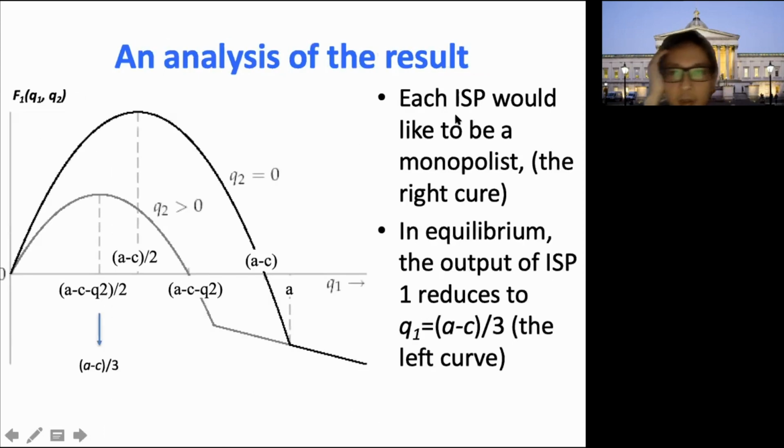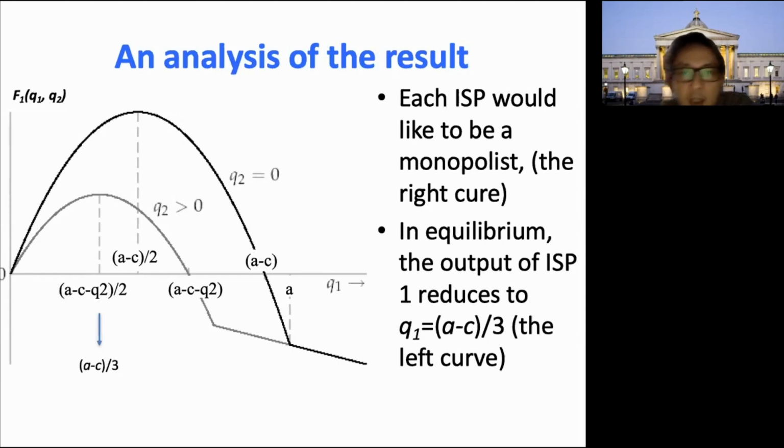Let's do analysis to see what happens. Let's compare some of the cases. Say one ISP decides, okay, I'm going to dominate the market, and Q2, you are not allowed to produce anything. Q2 is equal to 0.